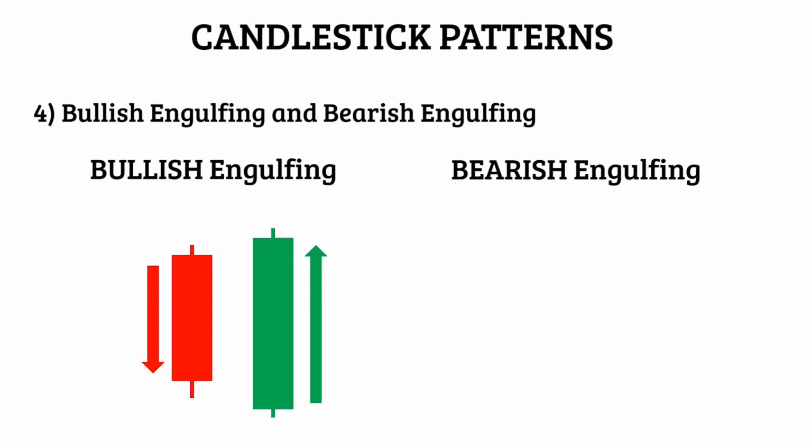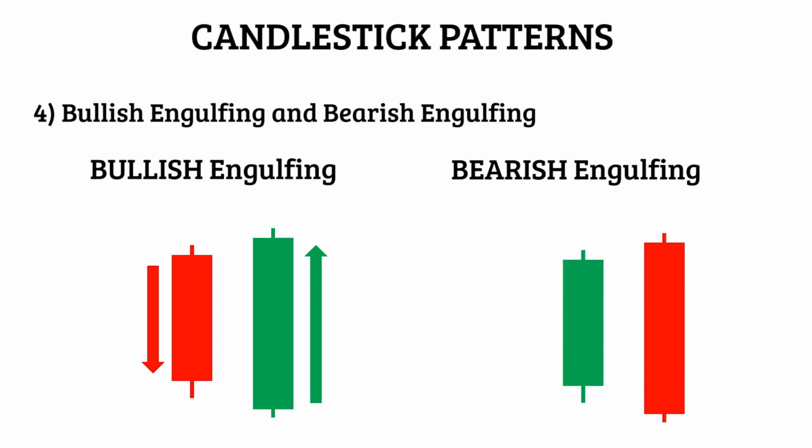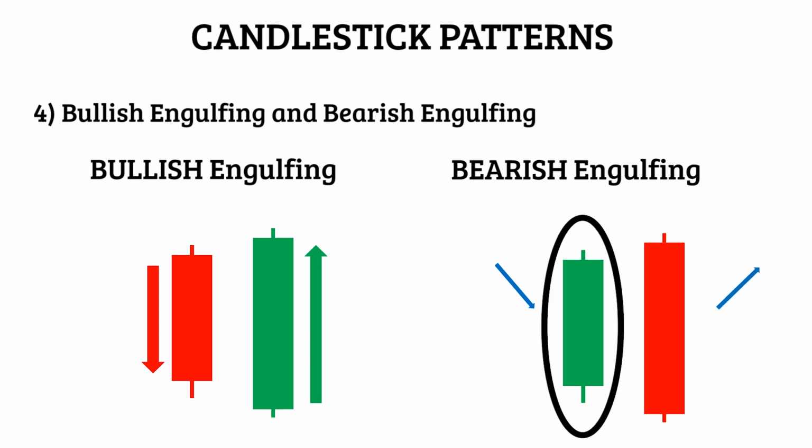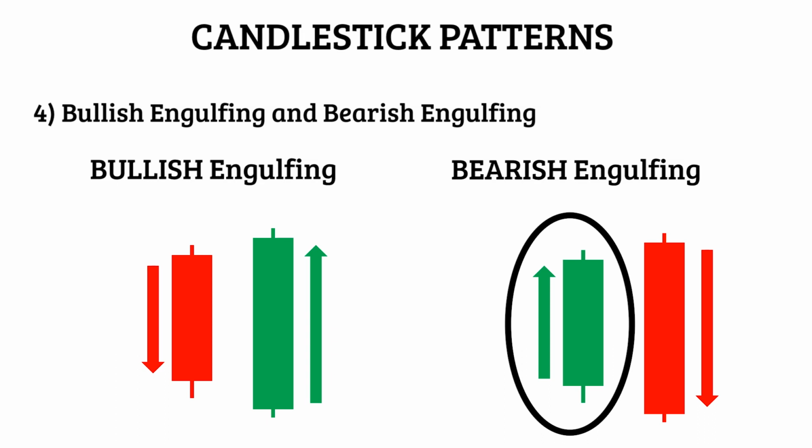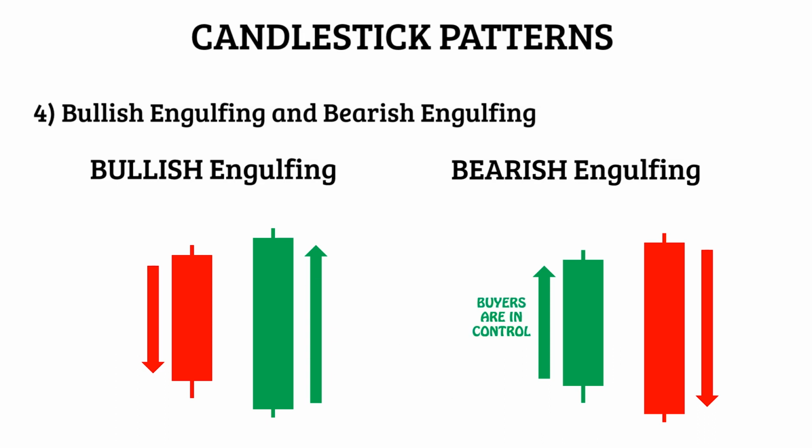On the other hand, the bearish engulfing candlestick pattern is also the combination of two candles, one small bullish candle and one large bearish candle whose body is bigger than the previous candle. The bearish candle body should cover the entire bullish candle. On the first candle of the bearish engulfing pattern, the buyers are in control as the close is higher than the open.